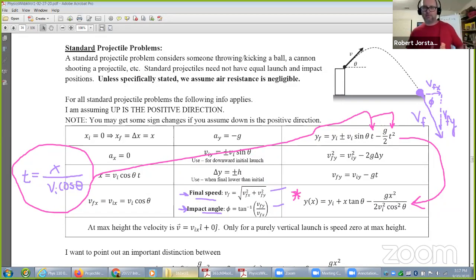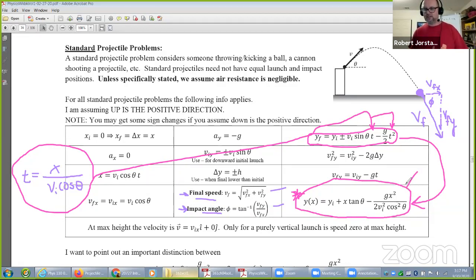Now, to be clear, these both look like parabolas. Let me see here. Yeah. So these are both parabolas. The idea in this is quadratic in time. So it's talking about the way the vertical position only changes with time. This one is talking about y is quadratic in space.